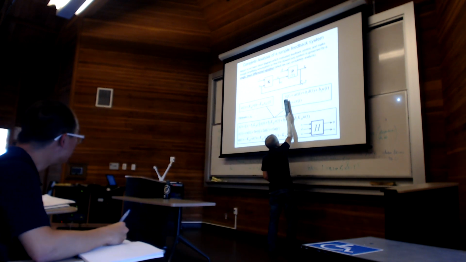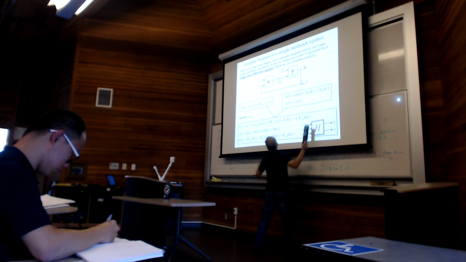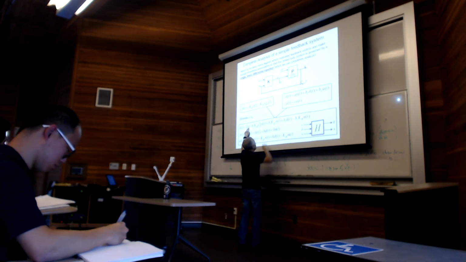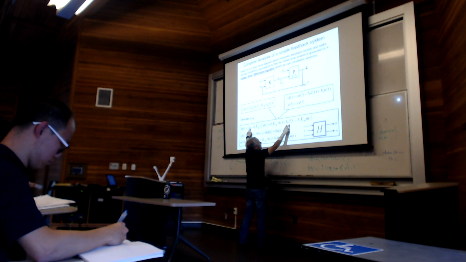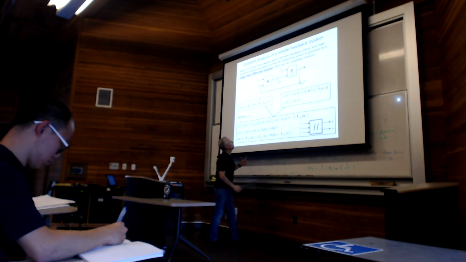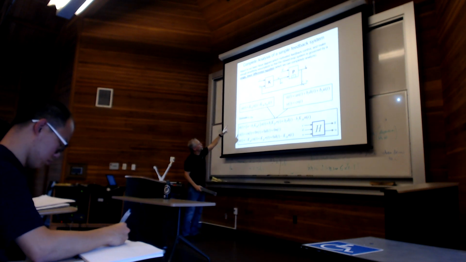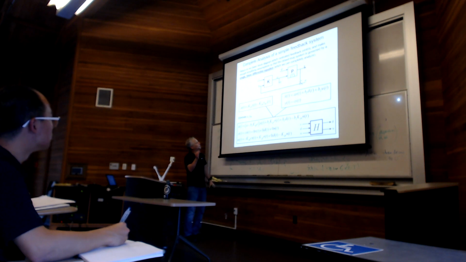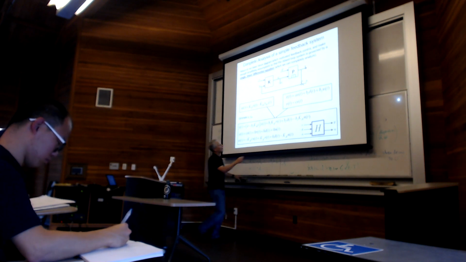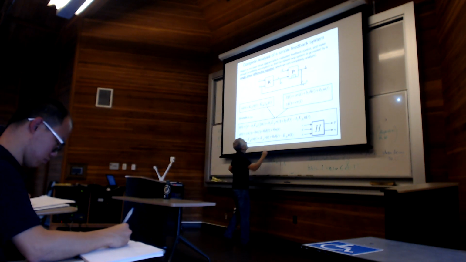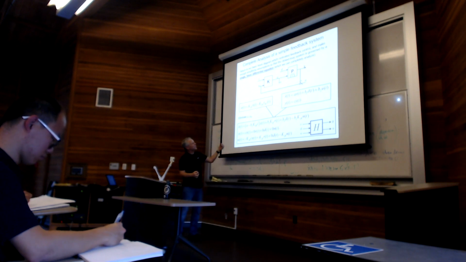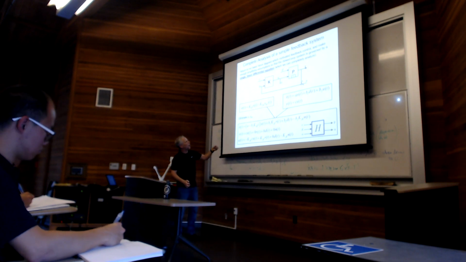So that gives me x dot is ax plus b1d. Now I've got b2u, and u is kff r, so I get b2 kff r. Then I have minus b2 kfb ym.